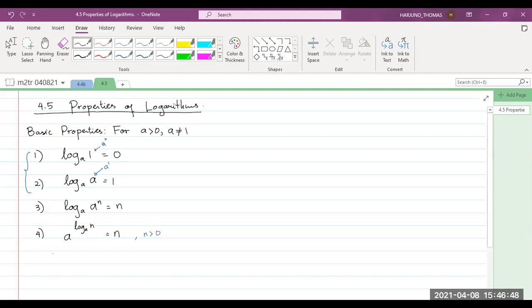And the last one, which I didn't write in the past, is that the domain of log is positive argument.